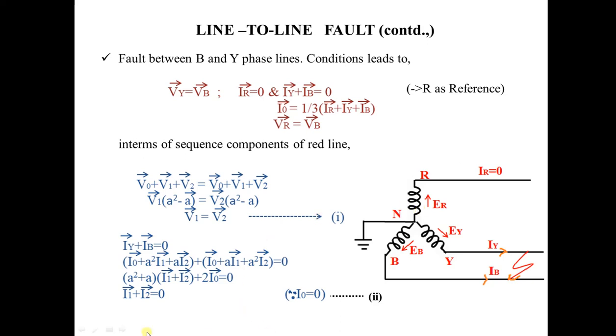So we know the equation for I naught: 1 by 3 of IR plus Iy plus Ib equals I naught, and here these will all be cancelled. So Vy will be equal to Vb, and we are going to take R phase as a reference.